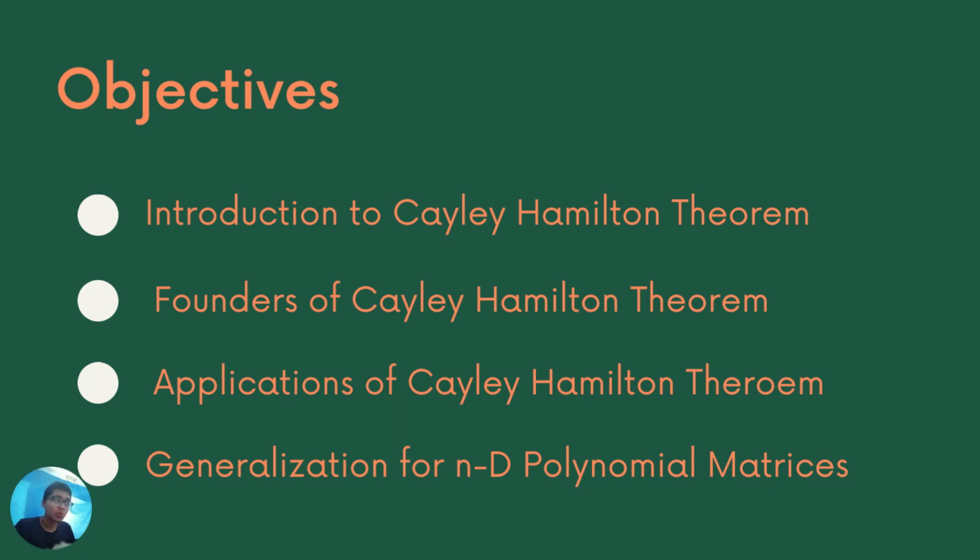Where do we use this theorem? We must know, so that we will be capable enough to understand the generalization for any polynomial matrices using the Cayley Hamilton theorem. So let's move on to our first objective, which is the introduction to the Cayley Hamilton theorem.